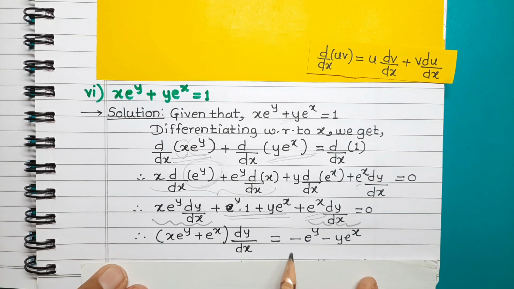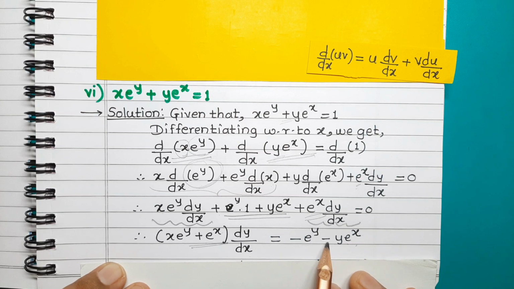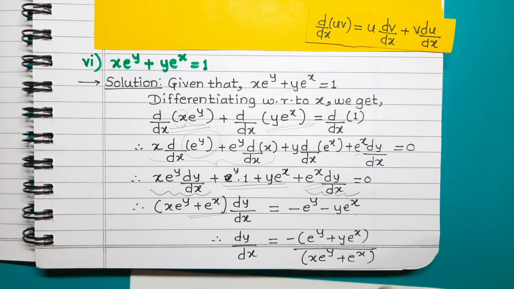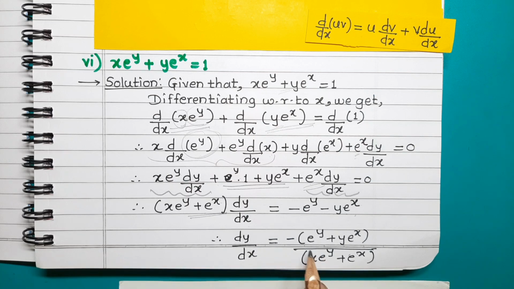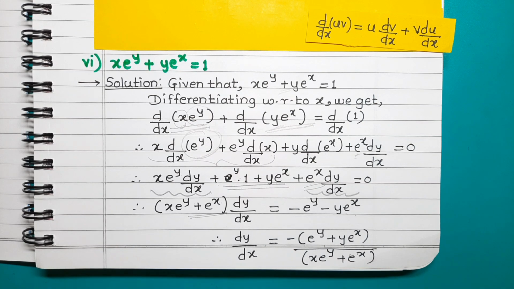To get the final answer you shift this bracket which is multiplied to dy by dx on RHS. We are going to divide by this term, and take this minus sign common to get the final derivative. dy by dx is equal to minus of e raised to y plus y into e raised to x upon this whole bracket x into e raised to y plus e raised to x. So this is how we find the derivatives of implicit functions.